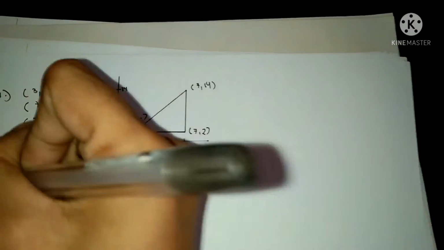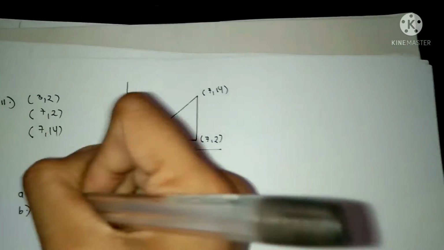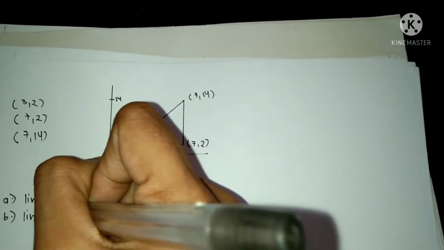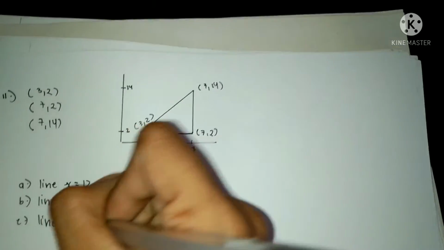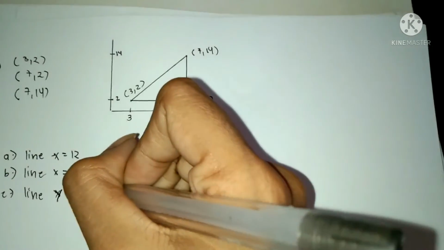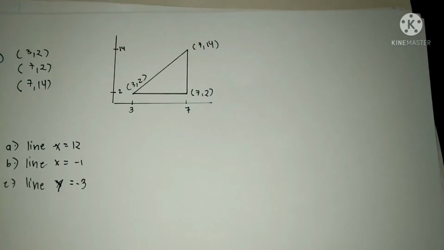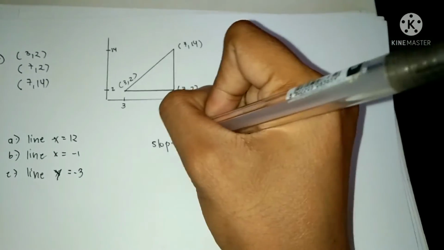About the line A, line x is equal to 12; B, line x is equal to negative 1; and C, line y is equal to negative 3. So first, let's get the slope.